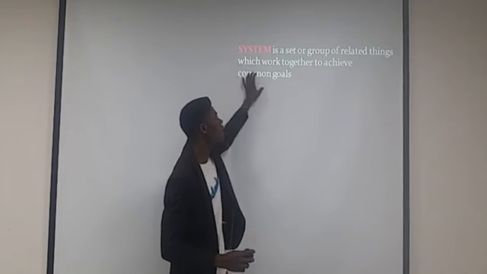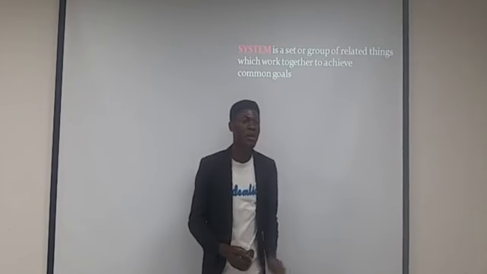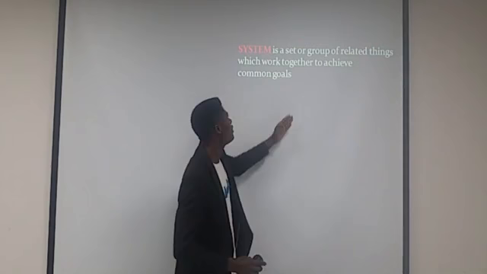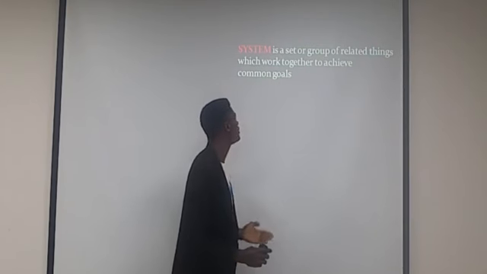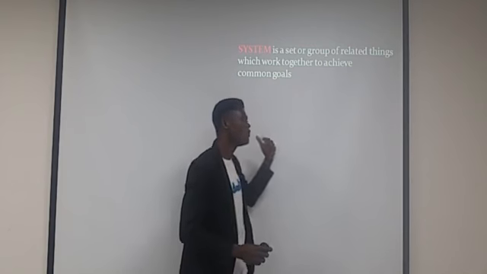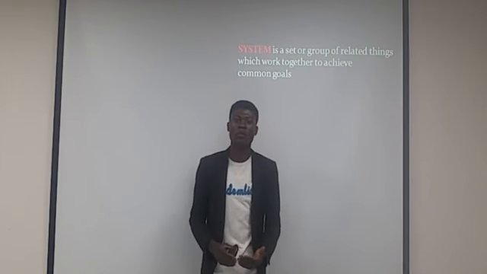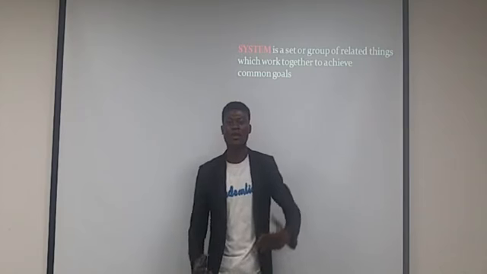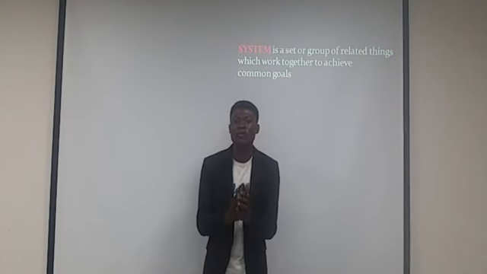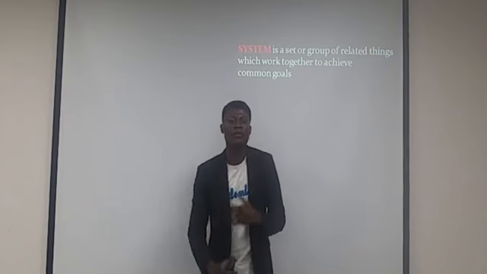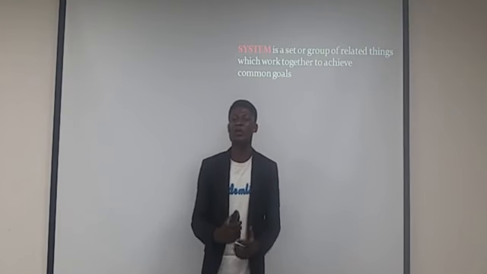Now we want to look at what a system is. In our definition here we say that a system is a set or group of related things which work together to achieve a common goal. That is to tell you that different parts of the thing join together and then they perform whatsoever task you want them to perform.